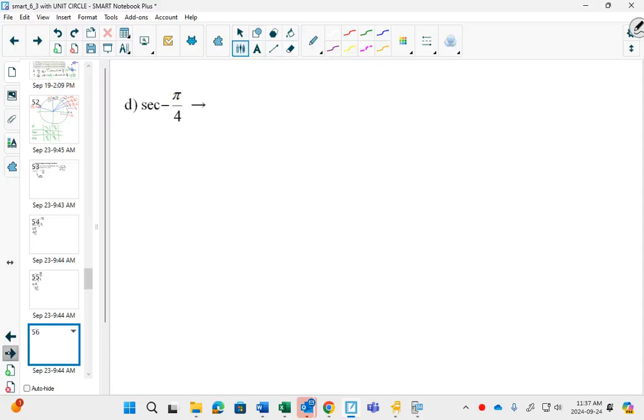We could also do mental math with secant, cotangent, and cosecant. If you have one of the reciprocal ones, off to the side, you'll first figure out what cos is, because cos is the reciprocal of secant. Without writing it down, can you see this is part of the pi over 4 family?